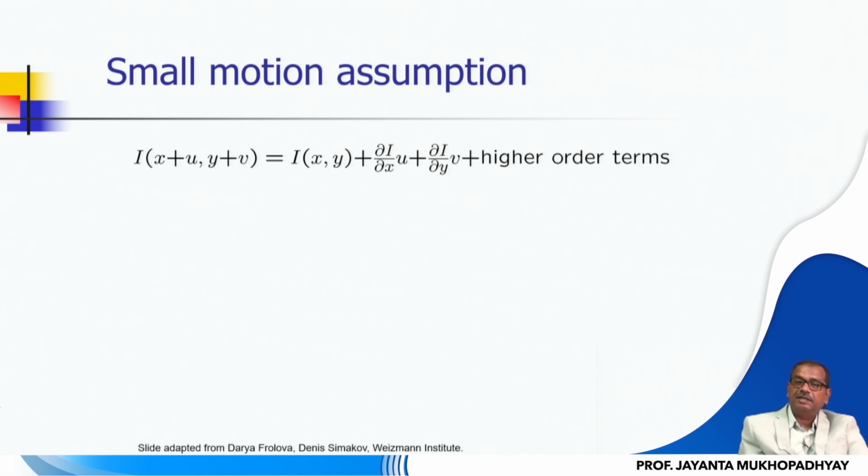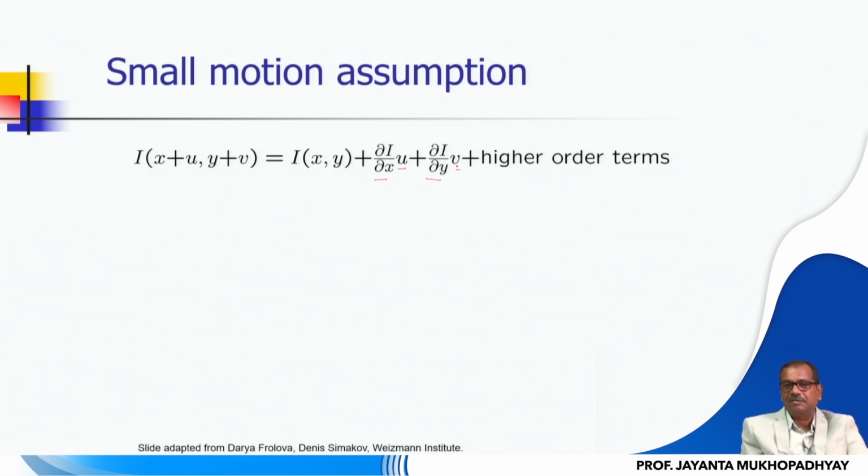If I use the Taylor series expansion for a multidimensional function, and I restrict my operation to the first derivative, then it becomes very simple. You can see that it is simply the extension of the one dimensional quantity into multiple dimensions, with the partial derivative with respect to x and the partial derivative with respect to y, and these are the steps. u is the movement along x, u amount of step, and v is the movement along y, v amount of step.